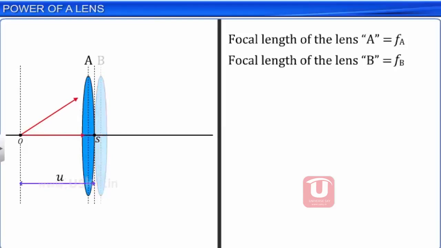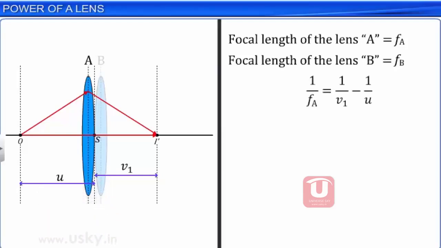Let the distance of the image be V1. Using the thin lens formula, we can write that 1/FA is equal to 1/V1 minus 1/U. Let this be equation 1.